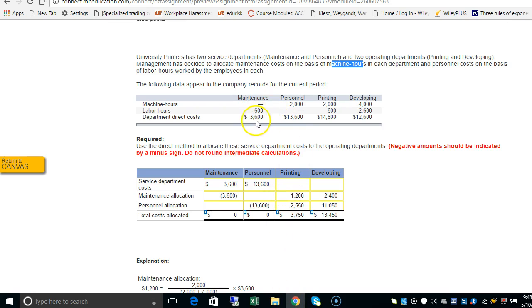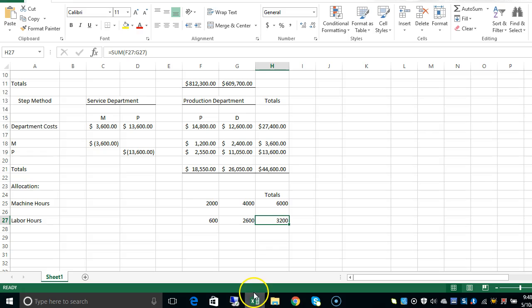They give us the cost of each department right here, 3,600, 13,600, 14,800, and 12,600, which I've put here under my headings as department costs. The point is we're going to allocate Department M's total costs to the production departments P&D based on machine hours.